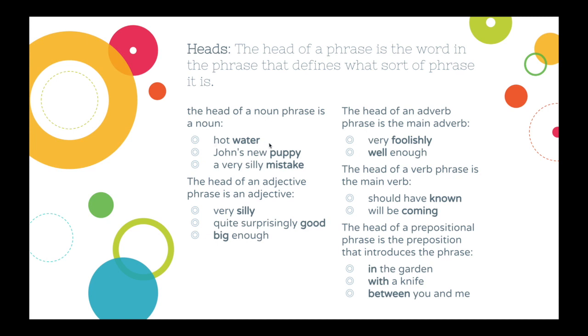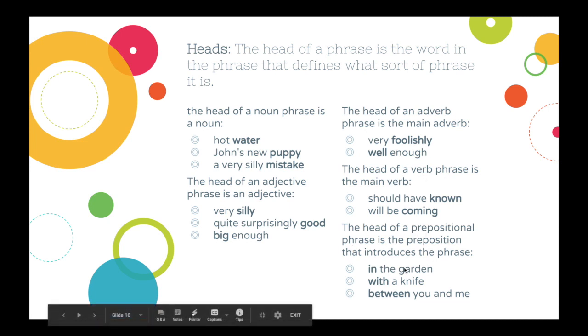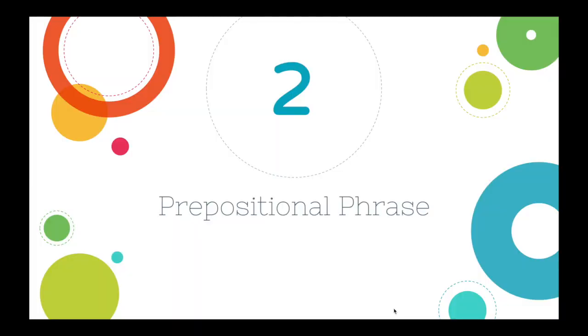For example, hot water, or John's new puppy, or a very silly mistake. The head of an adjective phrase is obviously an adjective, and so on and so forth. It happens with adverb phrase. Verb phrase is a main verb. Prepositional phrase, the preposition that introduces the phrase, and so on. So yeah, that's the head, and then we also get something else.